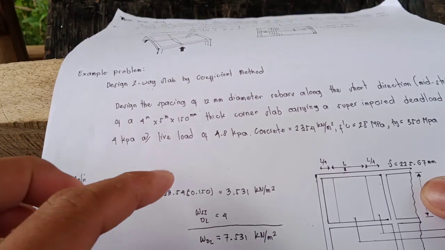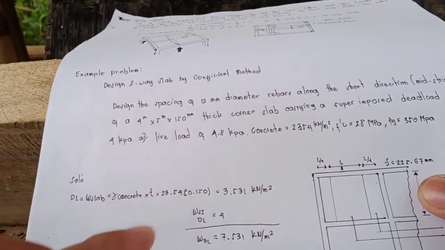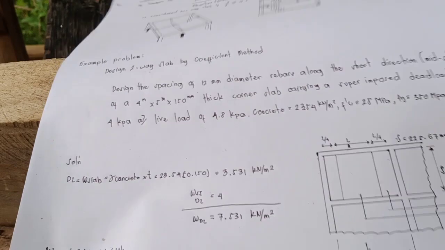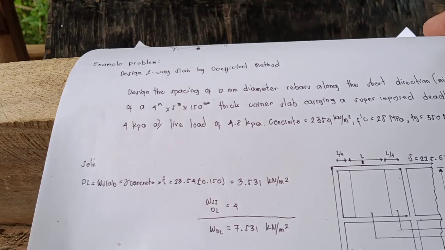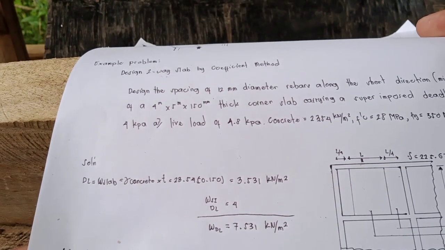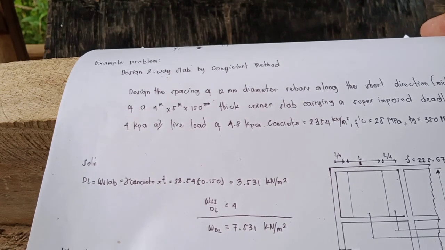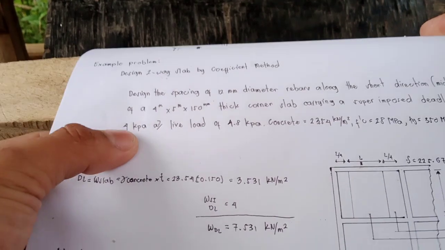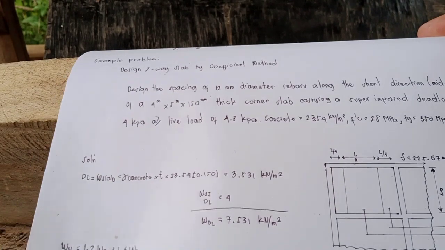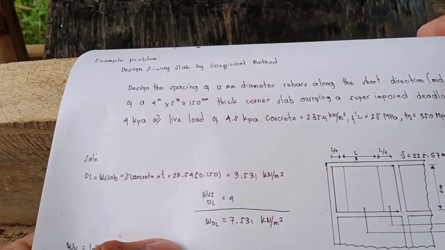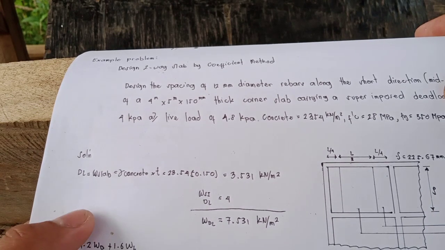We can use meters, so 150 millimeters equals 0.150, which gives 3.531 kilonewton per square meter. The superimposed dead load is equal to 4, so we can add here to get the weight of dead load, which equals 7.531 kilonewton per square meter.